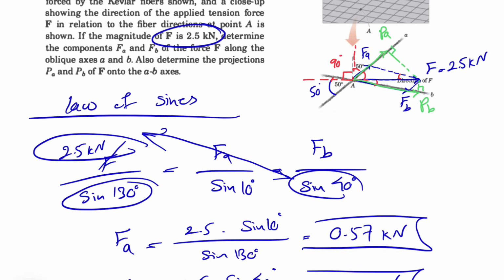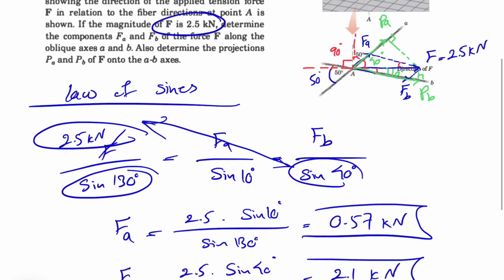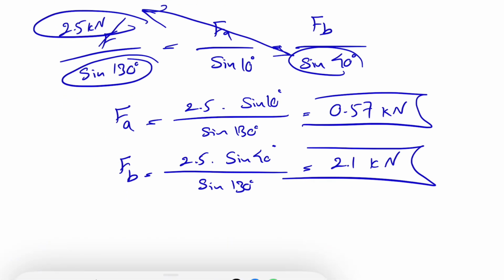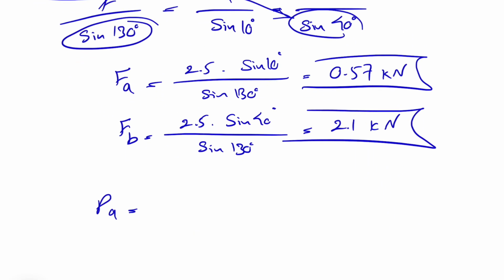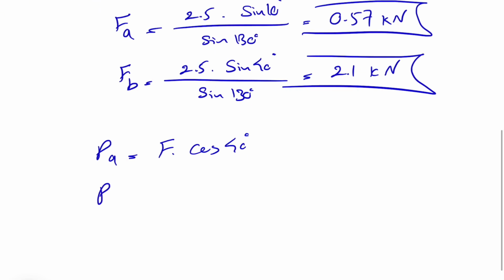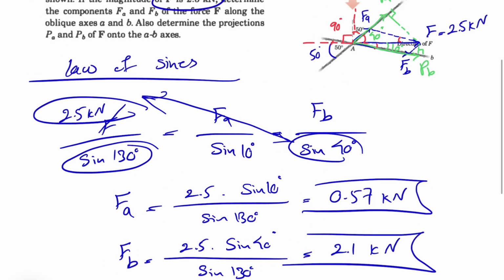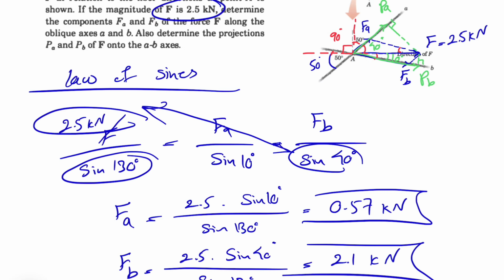And it's pretty easy now because we have the angles of F with A and B. We know this angle right here was 40 degrees and this one's 10. So PA would be F times cosine of 40 degrees, and PB will be F times cosine of 10 degrees, which are the two angles that F makes with the A axis and B axis.